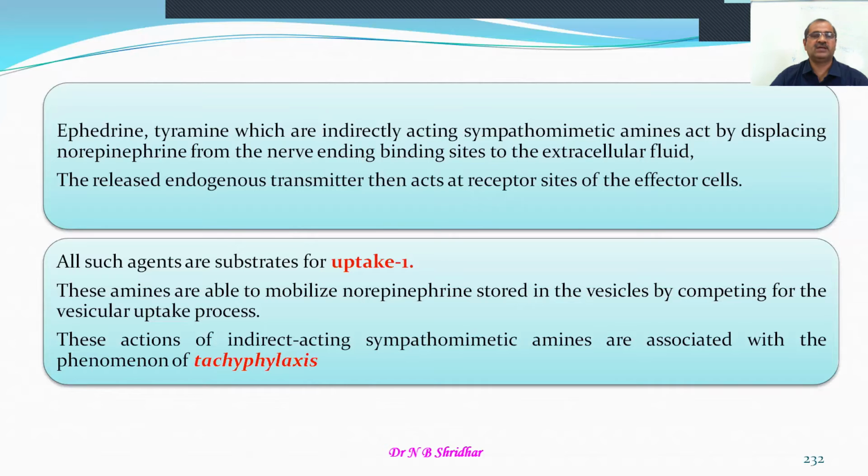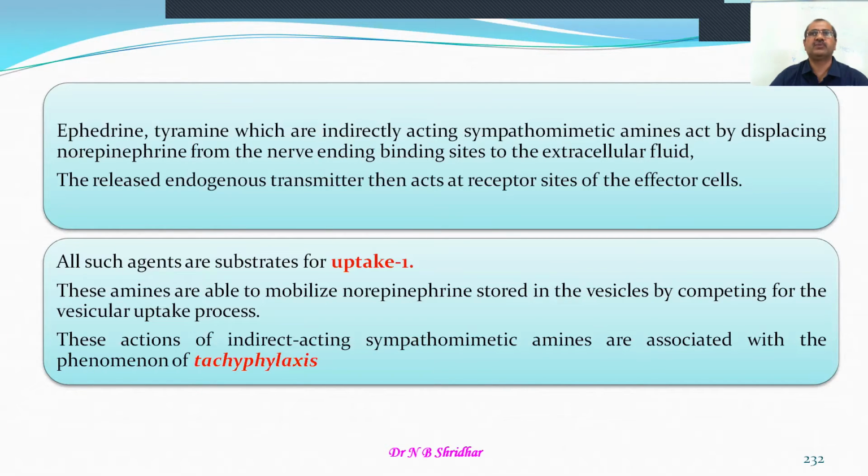So whenever we administer ephedrine, amphetamine, tyramine to a living organism, they displace the norepinephrine from the nerve ending binding sites to the extracellular fluid, and the released endogenous transmitter then acts at the receptor sites of the effector cells.